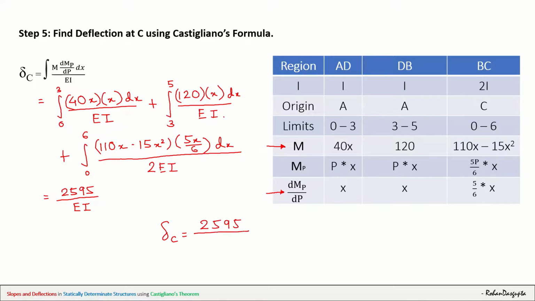The important thing here to understand is that the value has come in positive. Therefore, our chosen direction of the dummy load is the actual direction of this deflection, that is towards the right. If this answer had come as negative, then the meaning is that our chosen direction would have to be changed to the opposite. You do not need to resolve the problem. Simply here, you should have written towards the left if you had got the answer in negative.